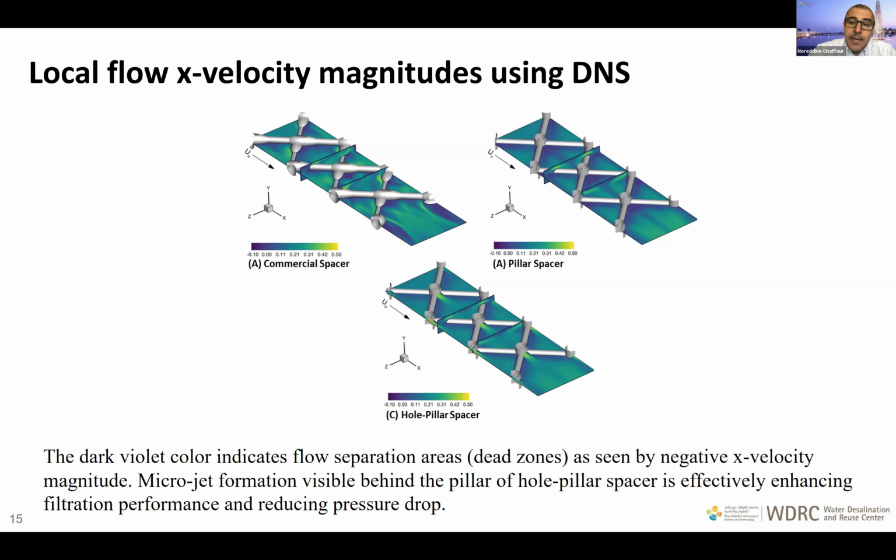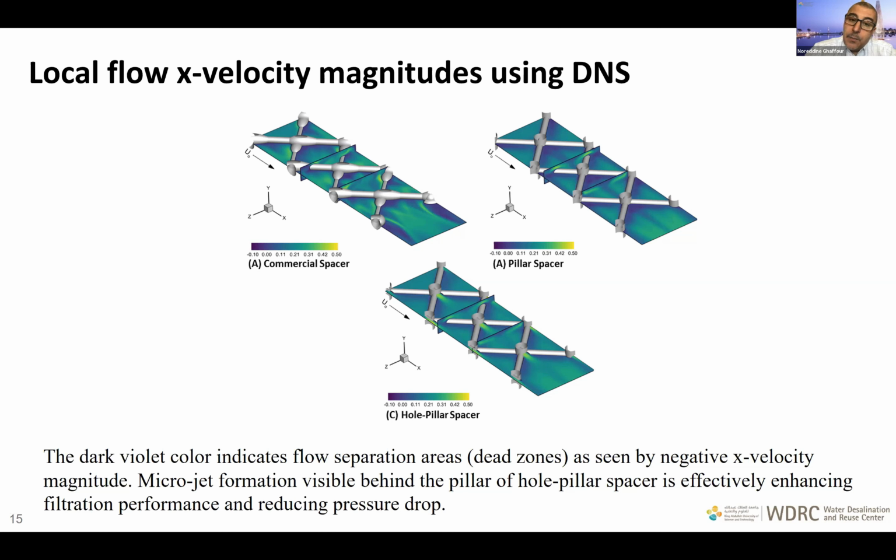And you see this negative x, which is the velocity magnitude in this direction, and the comparison with a pillar spacer, and this is the pillar with hole spacer. So you can see here the microjets at the exit of the intersection. It's visible behind these pillars, and it's effectively enhancing the flow hydrodynamics and minimizing the dead zones, and of course enhancing significantly the flux performance and reducing the pressure drop.